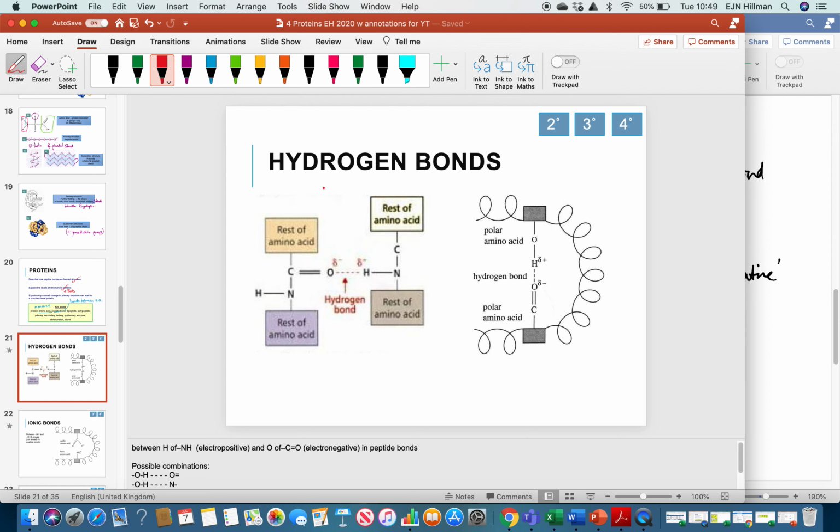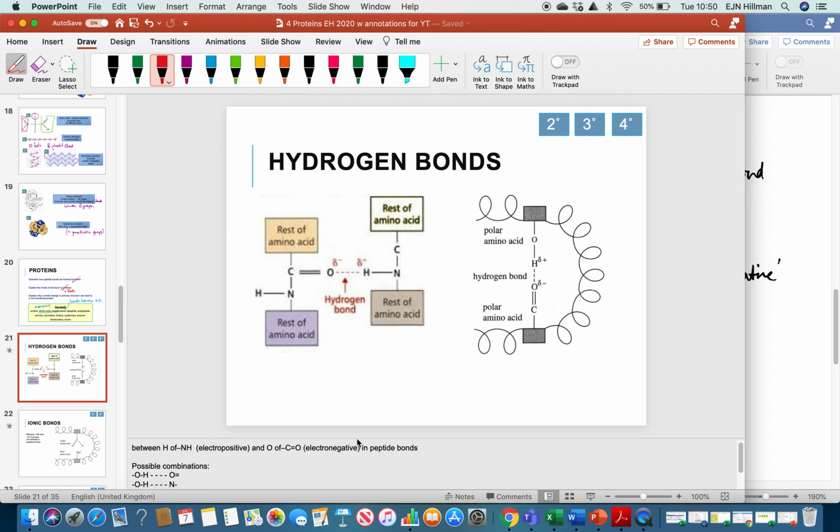Now I spent a bit of time drawing these in the previous video for the secondary structure. Now the hydrogen bonds form between what we refer to as electronegative oxygens and hydrogens which have a partially positive charge. Okay, the electropositive hydrogens.